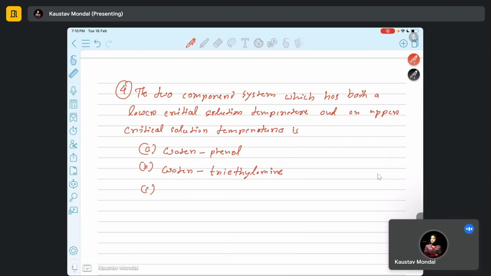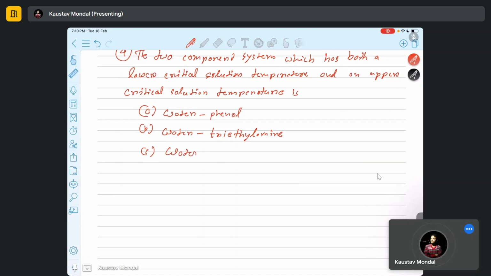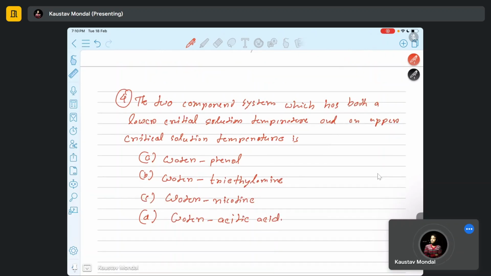Option C is water, nicotine. Option D is water, acetic acid.